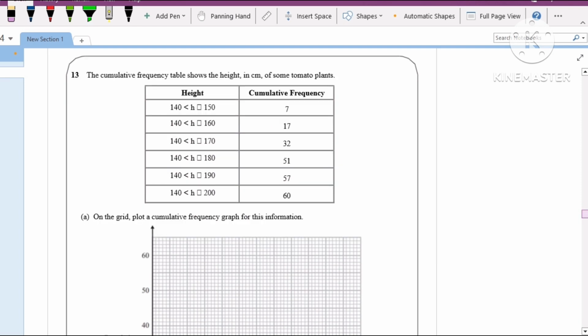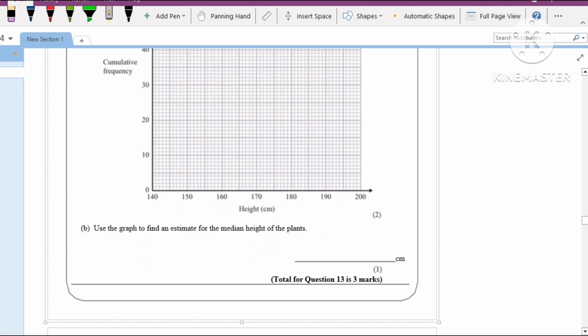You have to fill in the blank as well. So you will write 150 here, 160, 170, 180, 190 and 200. So at 150 the cumulative frequency is 7. So you will draw here at 150 it is 7.